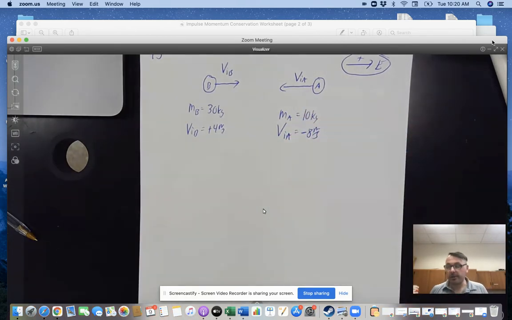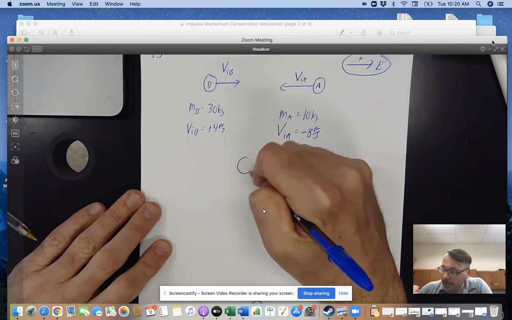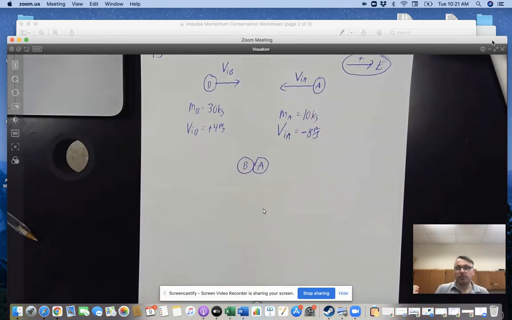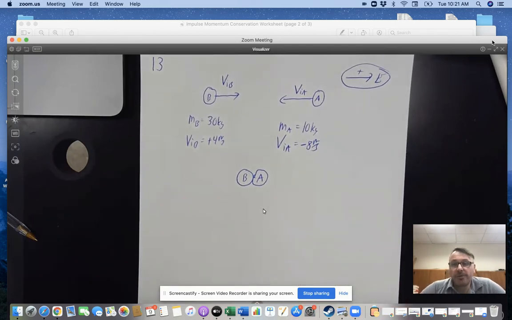So that's what our scenario looks like, and we're told they collide inelastically. That means that A and B as a combination are going to have to go in some direction. So just stop for a second and try to predict what direction the combined mass is going to go.